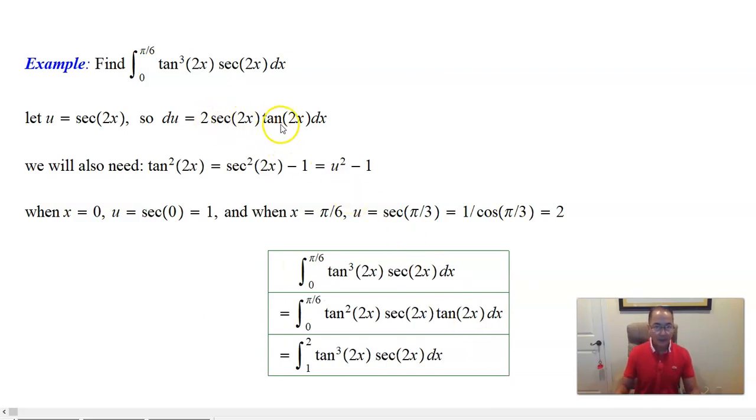Okay, so that appears here, but there is a 2. So this becomes du over 2. Now we're ready. Replace the limits. Tangent squared becomes u squared minus 1. And secant tangent dx becomes 1/2 du.